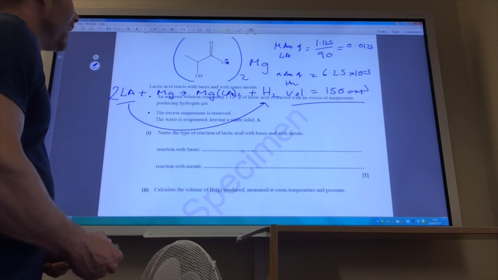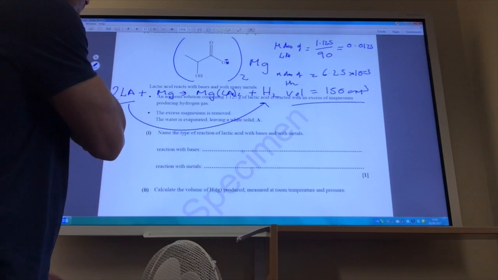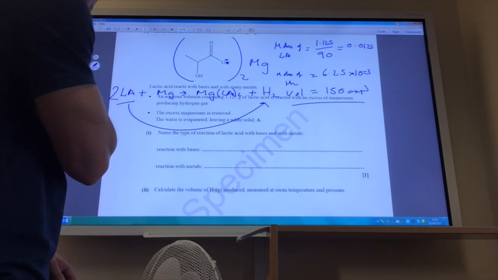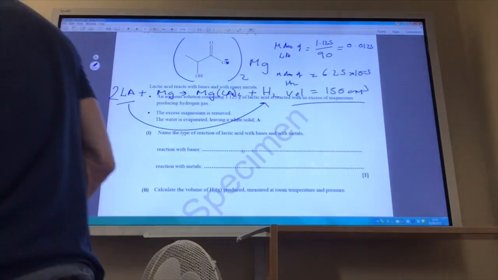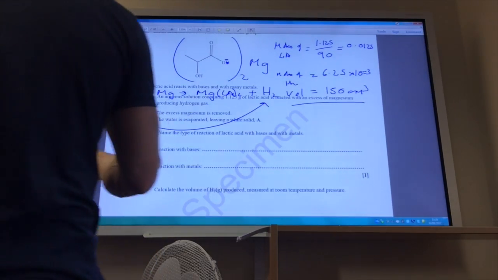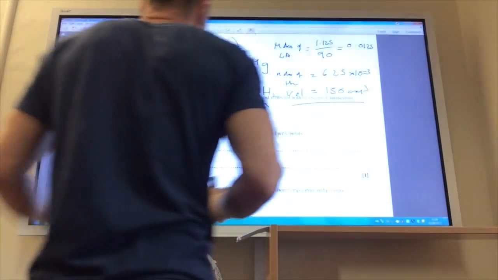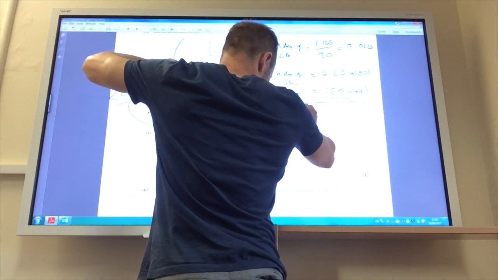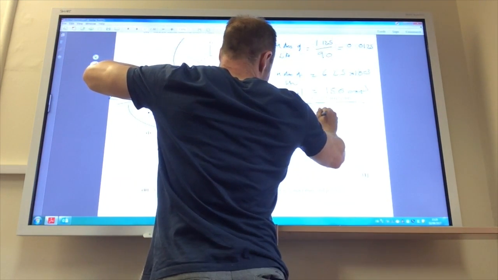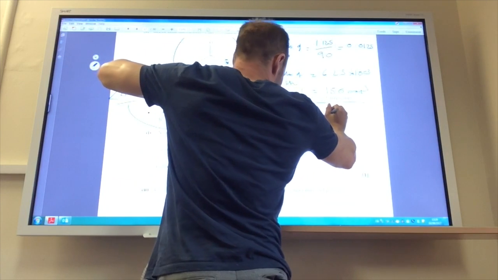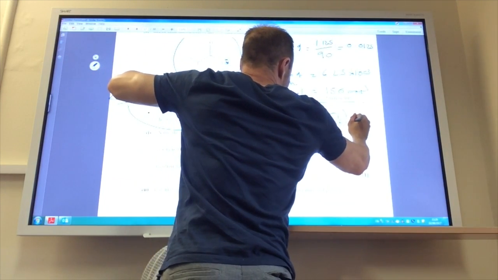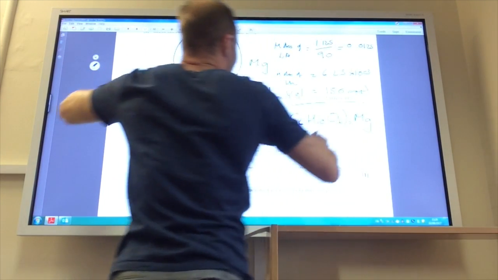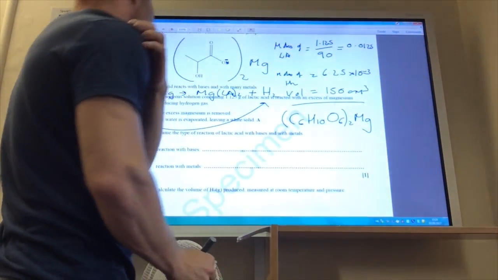The final question on this little page is it wants me to give you the formula of the actual salt. If you count up, you've got 6 carbons, 10 hydrogens and 6 oxygens, so it's going to be C6H10O6 twice Mg, like so.